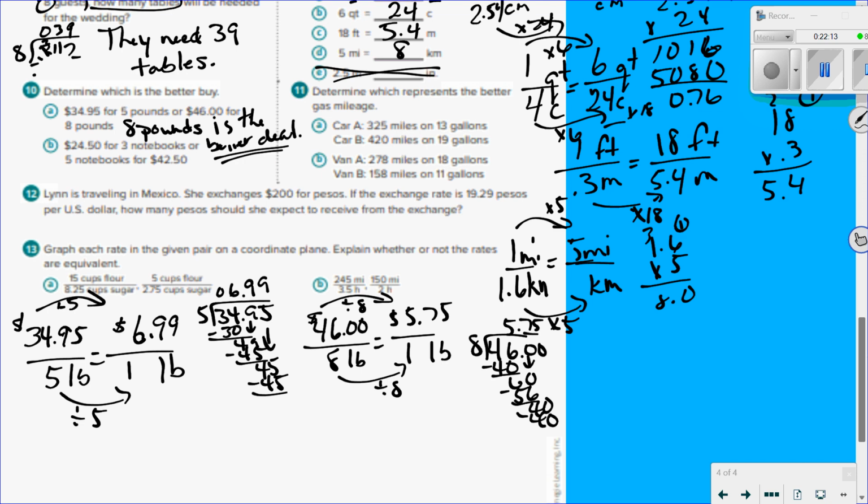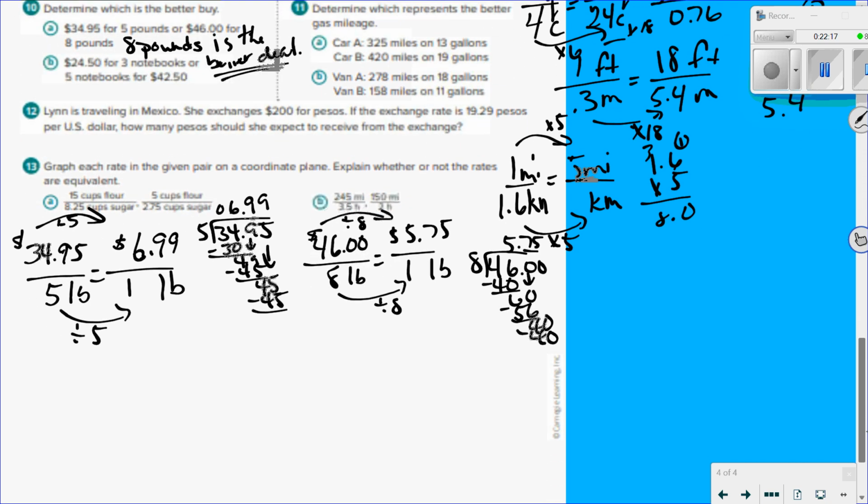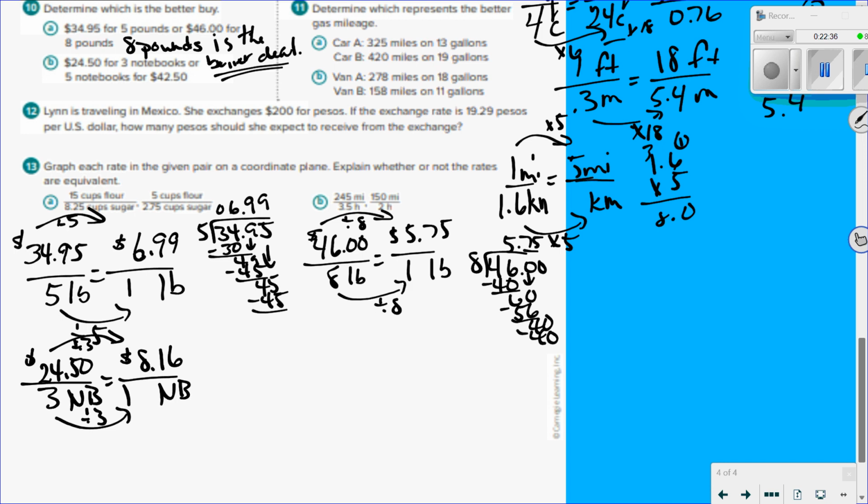The last one here is now $24.50 for 3 notebooks. I'm just going to abbreviate it for now. Again, it's going to be easier to go 3 to 1, so I'm going to divide by 3. That's going to go 8.16 repeating. So we'll round that to $8.17. You can do the math on that one separately if you need to. Our second one is $42.50 for 5 notebooks.